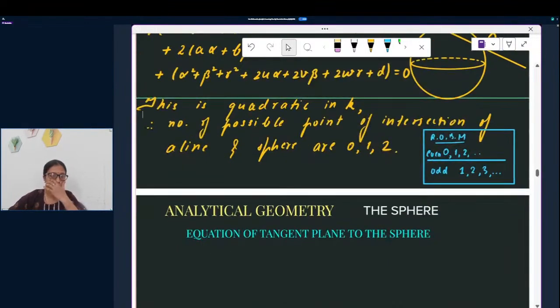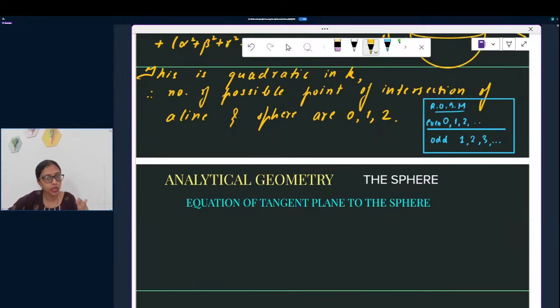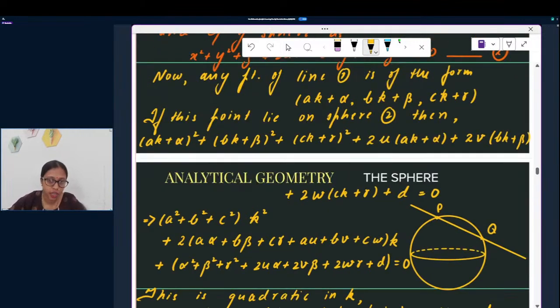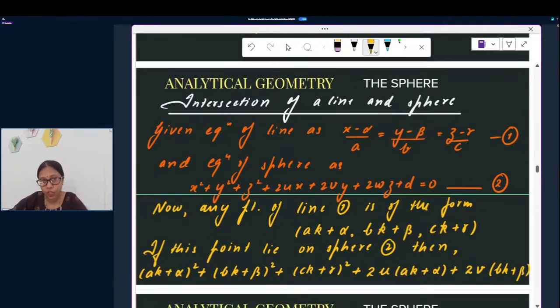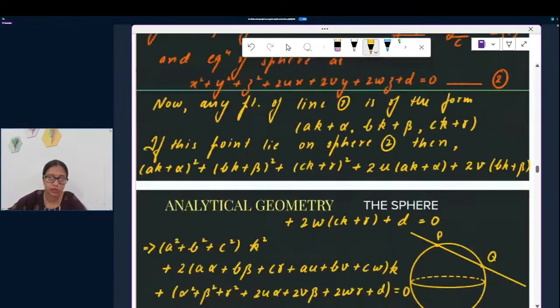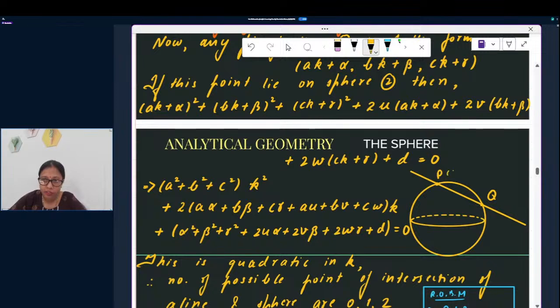So beta, here I'll start by considering a tangent line, but I'll make one more change. You see, this alpha, beta, gamma point that I have taken on the line, can I take it on the sphere? Basically, I am considering alpha, beta, gamma to be one of P or Q. But is it always possible?